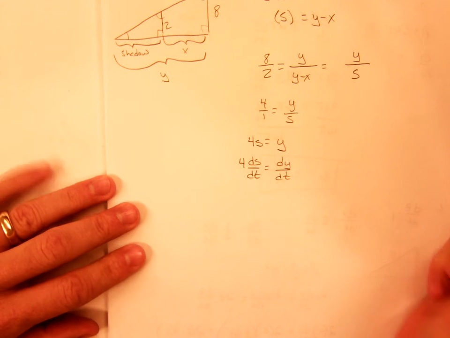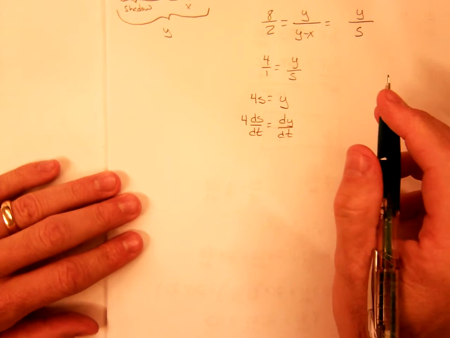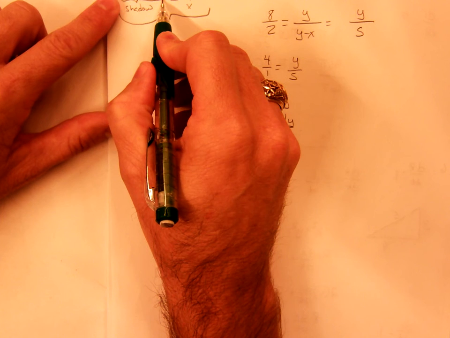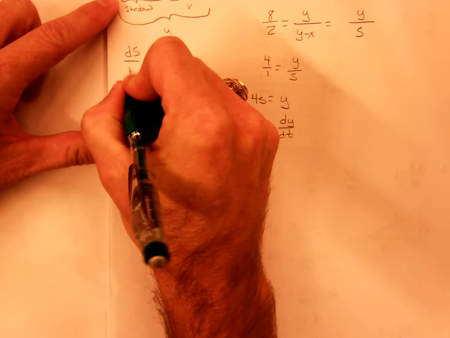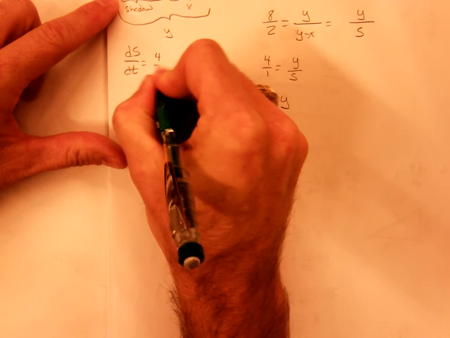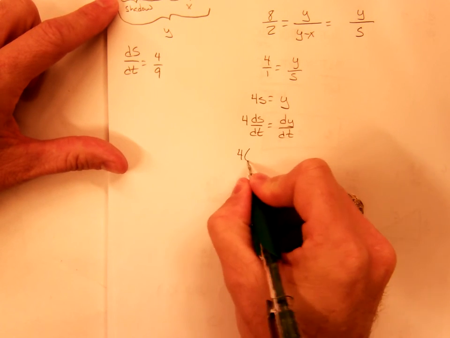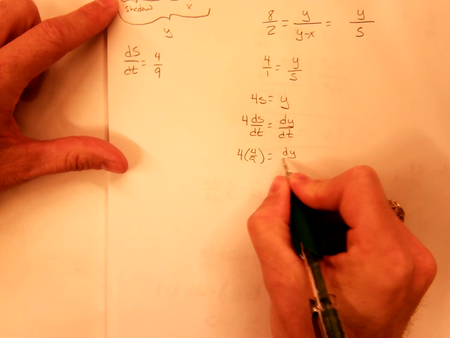And what is dS/dt? It's the shadow and it's lengthening, right? So dS/dt is equal to 4/9. So this is 4 times 4/9, which is what dY/dt is equal to.